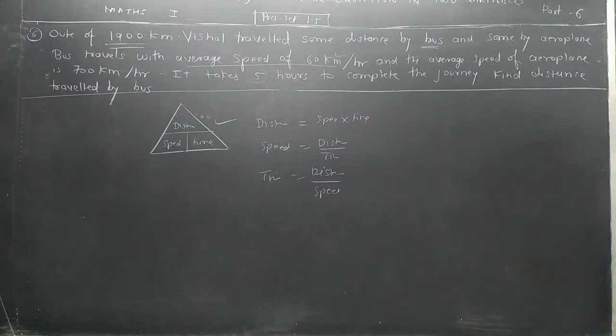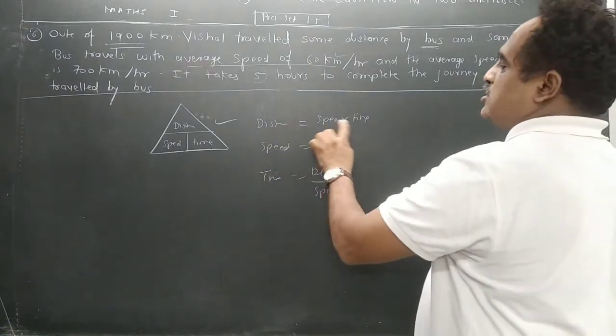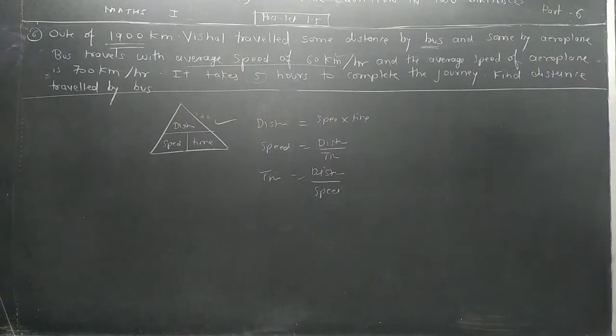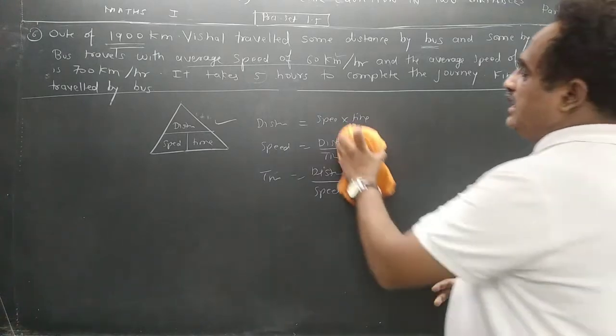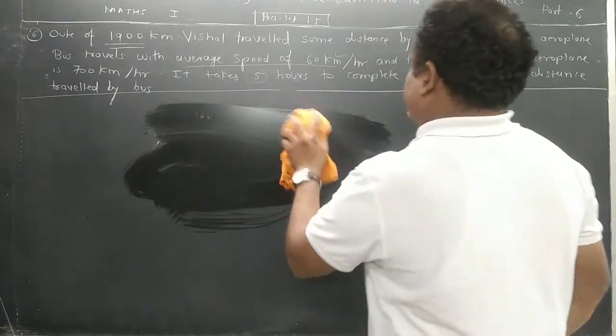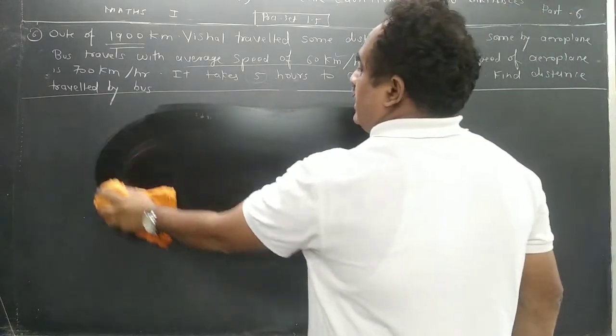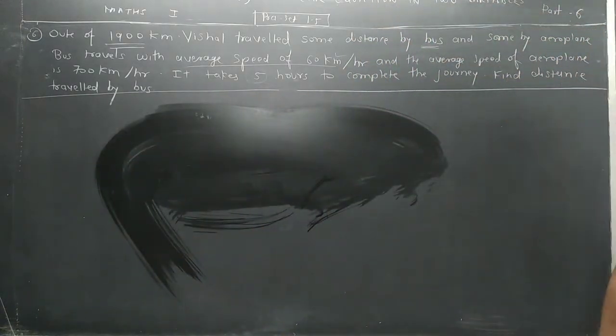So which formula do I want to use? Distance is equal to speed into time, or speed into time is equal to distance. Remember this a little, it will be useful for this question. Have you understood this?